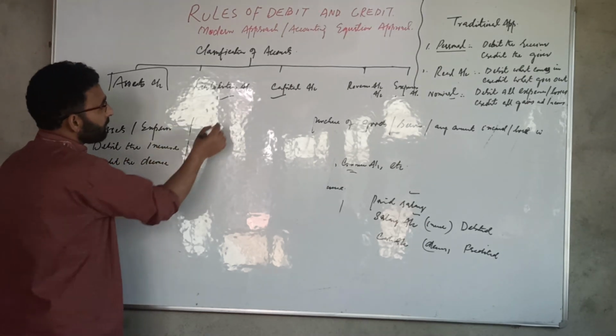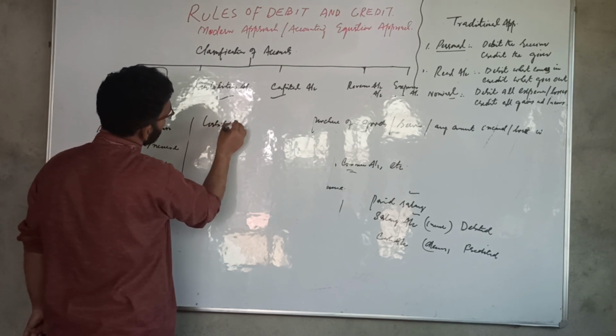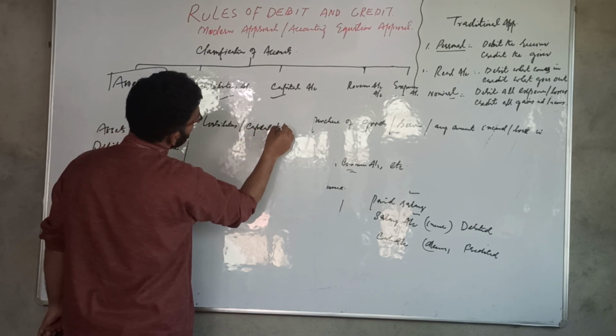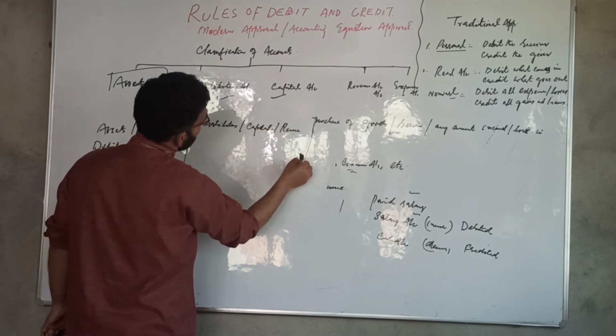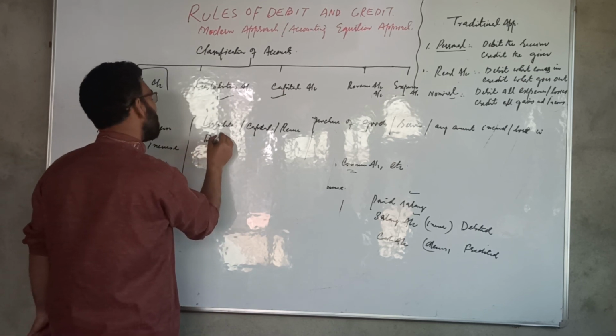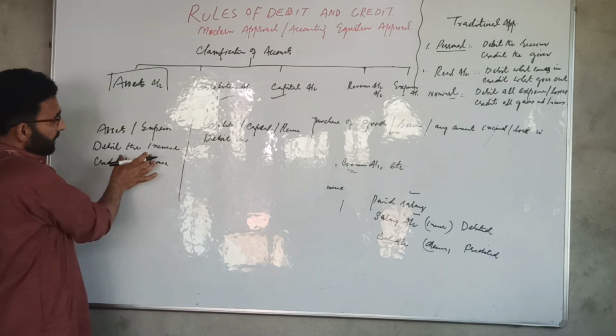Similarly, for liabilities, capital and revenue, the rule here is the opposite of it.